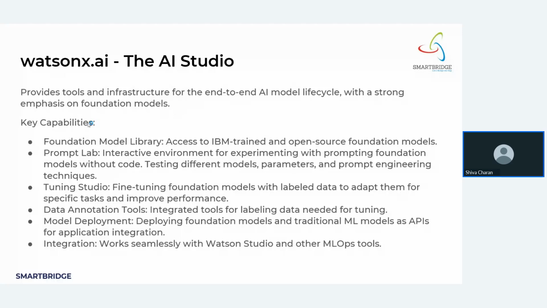And what are the key capabilities? Foundation model library, prompt lab, tuning studio, data annotation tools, model deployment, integration. These are some of the key capabilities.